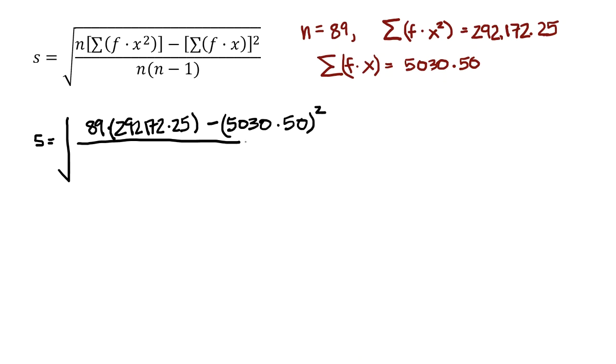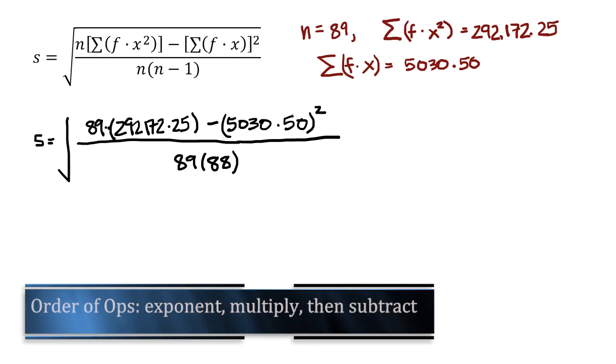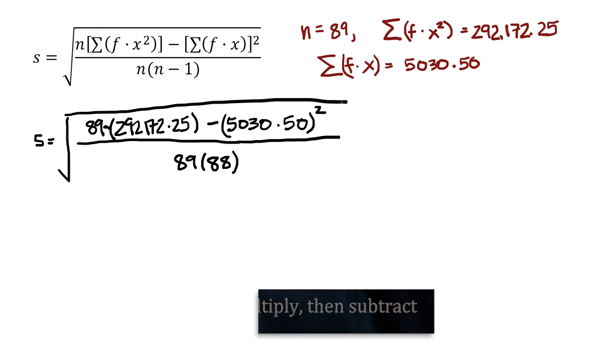So all of that is the numerator, and then in the bottom I have 89 times 88. N minus 1 is 88. And notice, by the order of operations, I have to square this and then multiply this and then subtract. So don't forget order of operations.